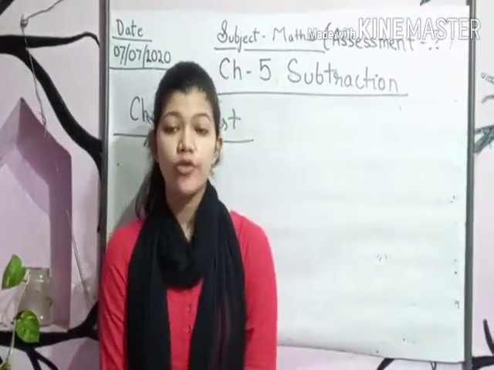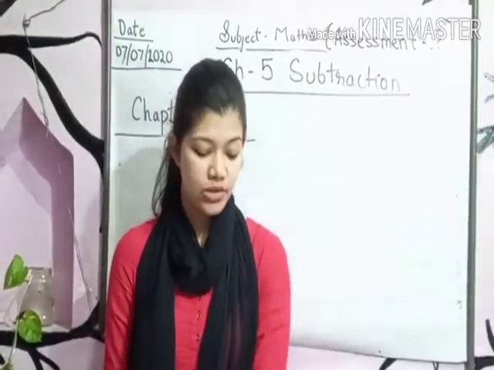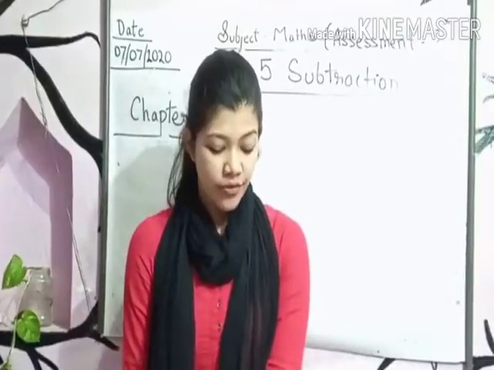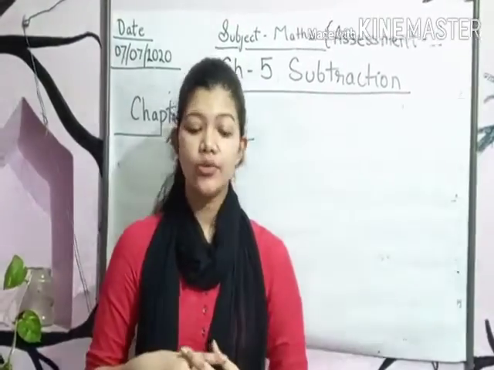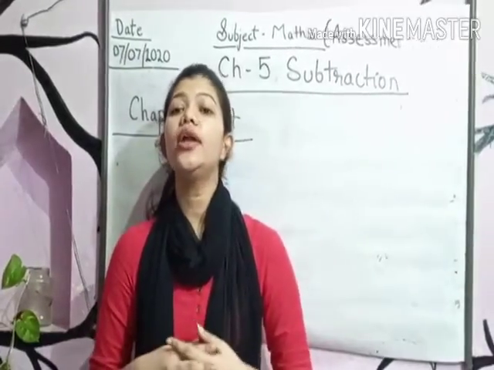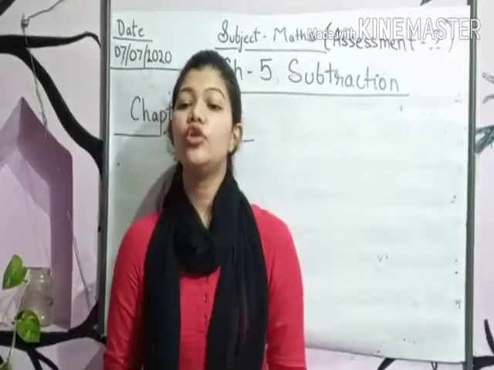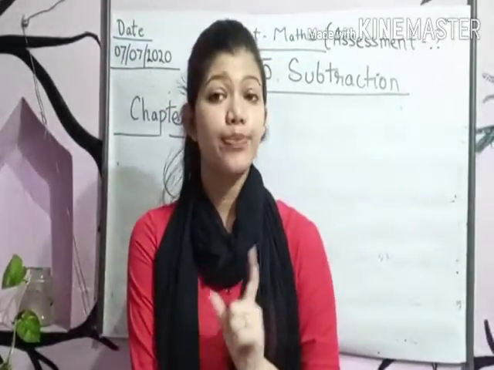First one. Tina bought 493 balloons to decorate her house for a birthday party. 125 balloons burst. How many balloons did she use for decoration? Now you know the total number of balloons Tina has bought.